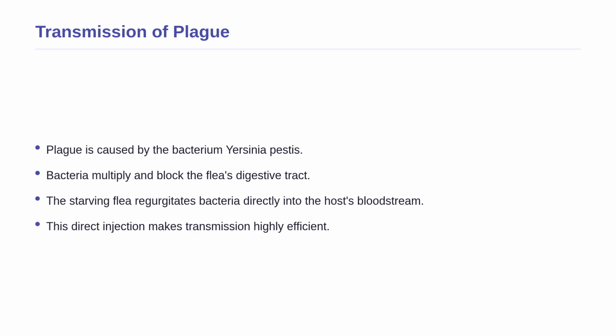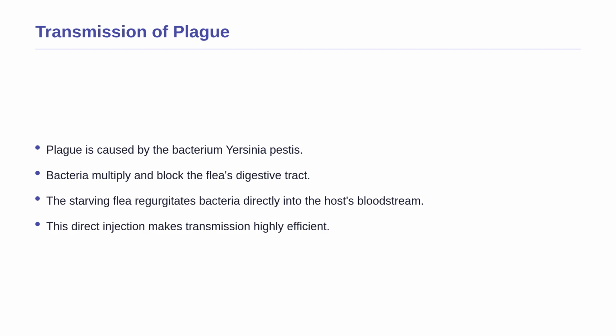Building on the concept of a biological vector, let us examine one of the most famous diseases transmitted this way, the plague. The plague is caused by the bacterium Yersinia pestis. When an infected flea bites a host, the transmission is direct and aggressive.